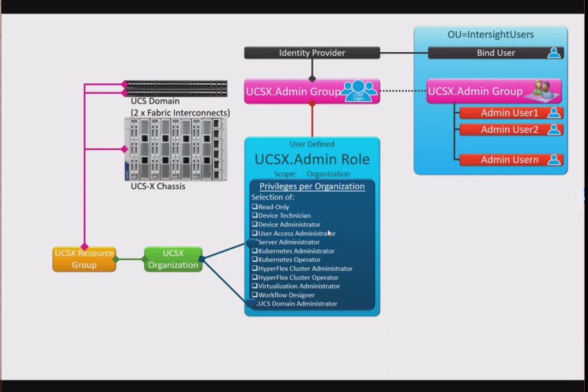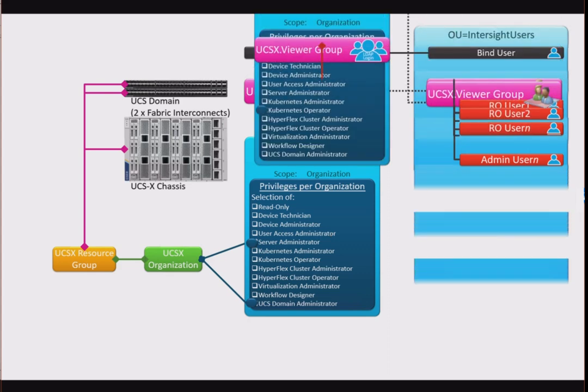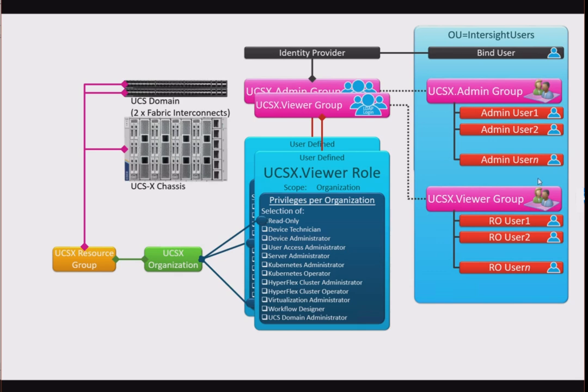Now, we might also want another group as well that's got read-only access, so we might create a UCSX viewer group as well in Active Directory, and again we'll put a user, we could put multiple users in there, and they'll have their own user-defined role within the appliance in Intersight, and we'll just give them the privilege of read-only to the same organization. So that's what we're heading for now, to go and create this structure in Active Directory.